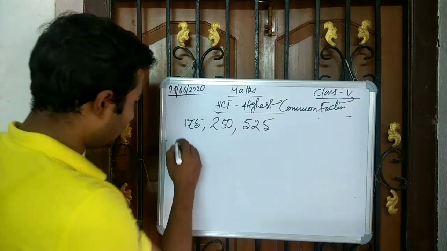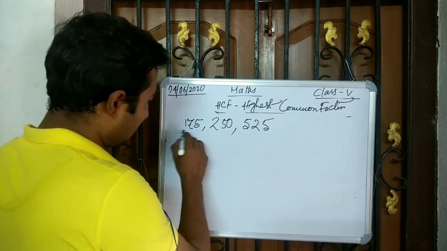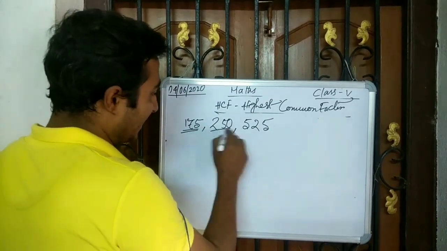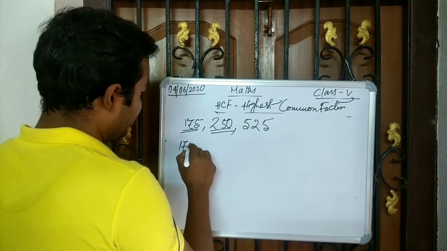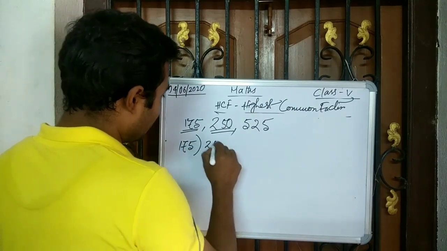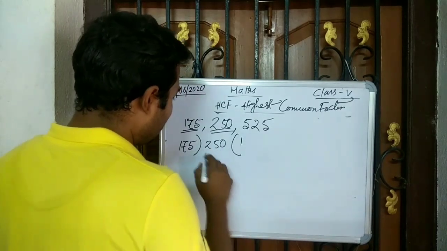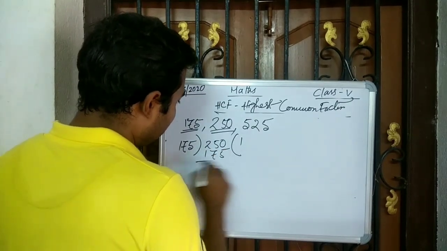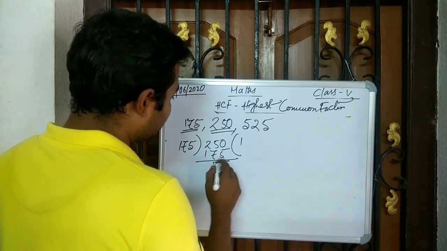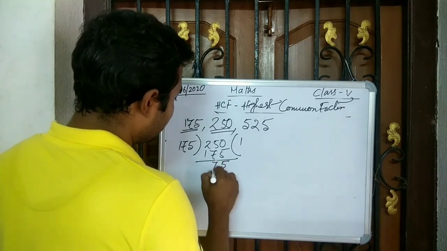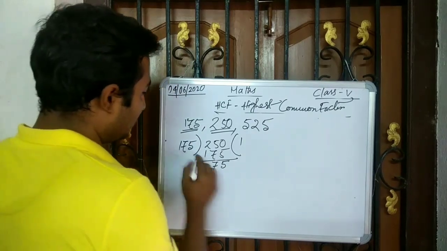So let's see how to do it. Again, the same procedure, using the smallest number and the second largest number. 175 ones are 175, remainder 75.